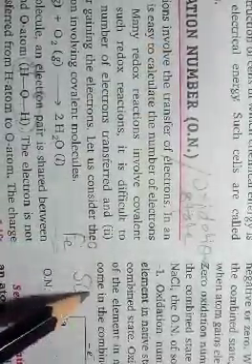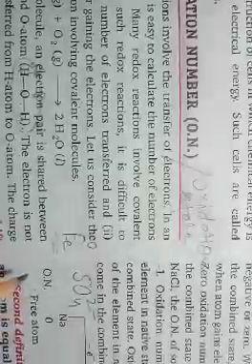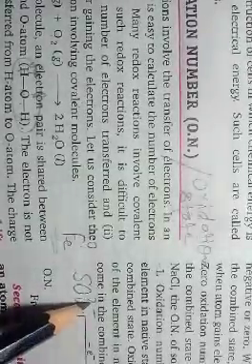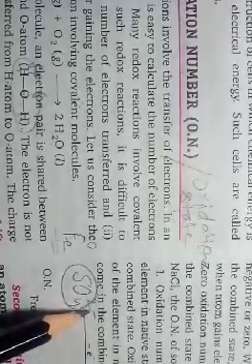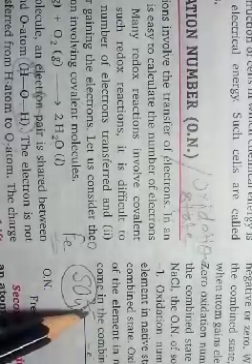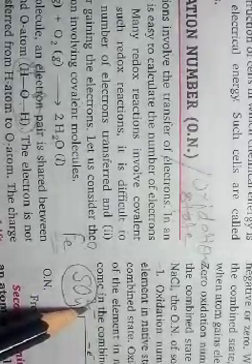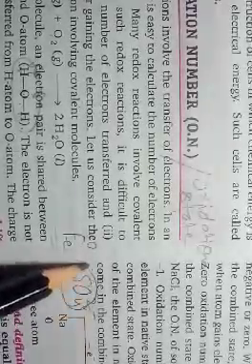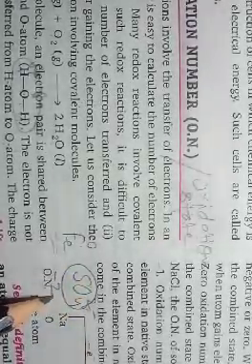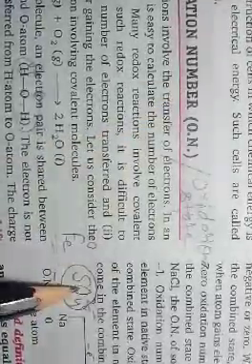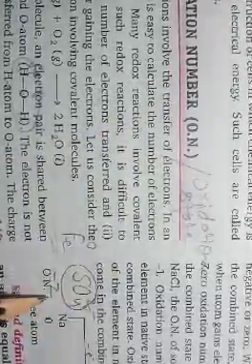Another example, SO4 2-. So this is an ion, and the oxidation state of an ion equals the charge carried by that particular ion. So the oxidation state of this sulfate ion will be -2. What is the oxidation number of sulfate? It is -2.